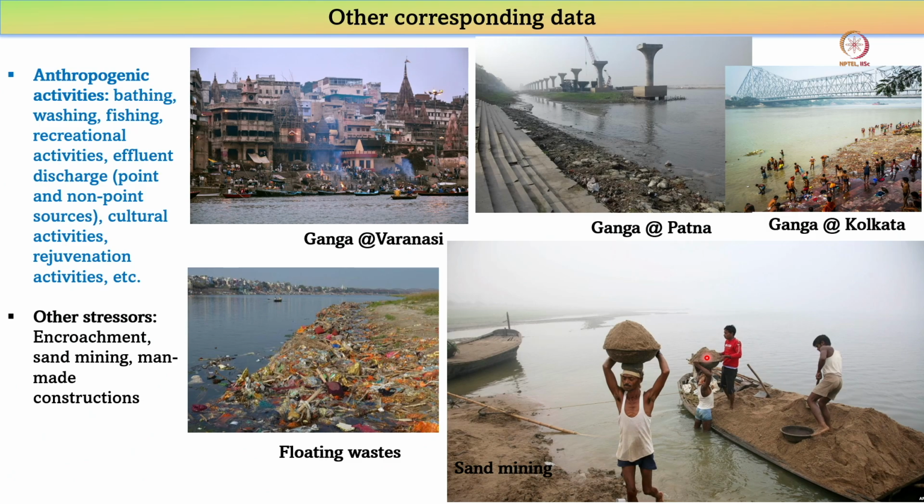From ritualistic activities, or due to purely anthropogenic activities, like a bridge being constructed. This is an example from Patna, where a bridge is being constructed over the Ganga river. You can also see a lot of bathing activity in this particular picture from near Kolkata. Floating wastes are very common all over India.